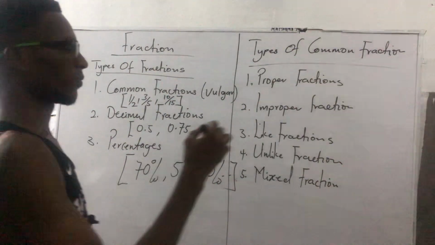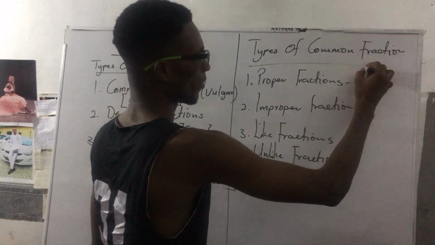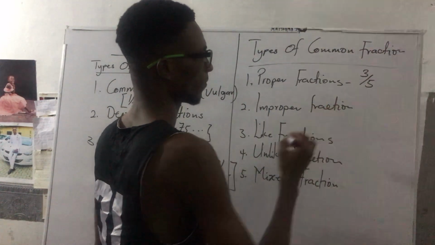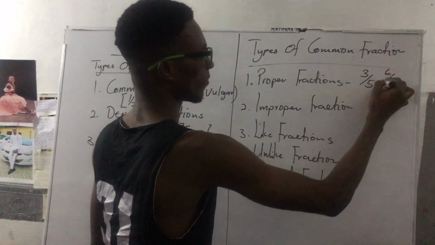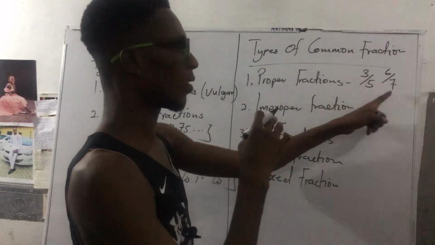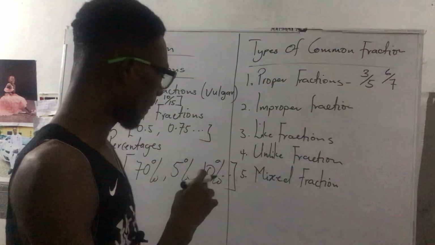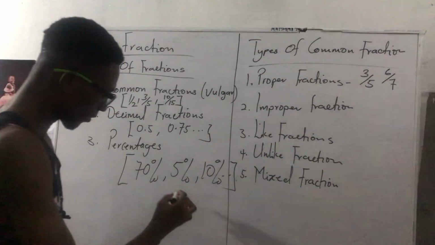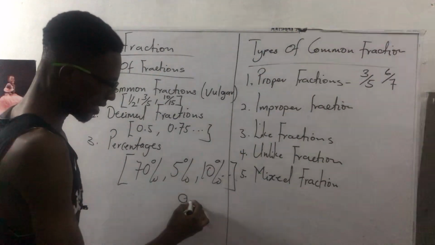Now the proper fraction looks like this: 3/5, and we have 6/7. When you study this, you realize that the bottom ones are bigger than the top ones. Now look at A/B here.